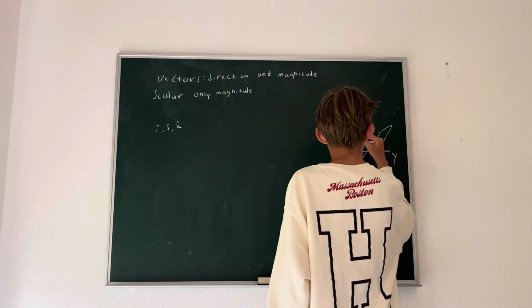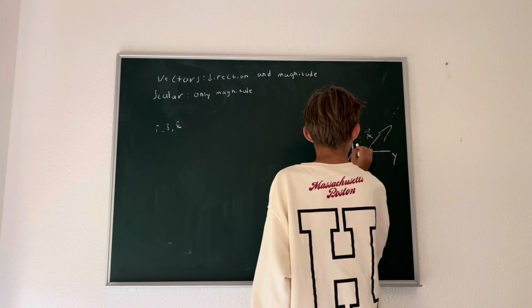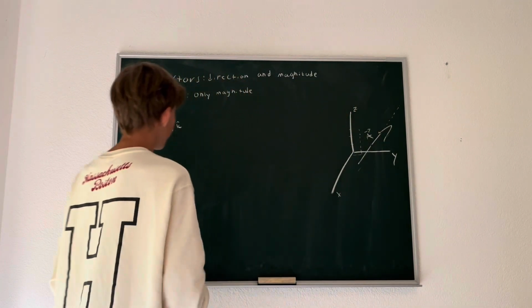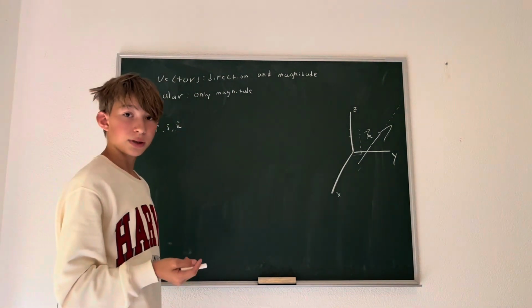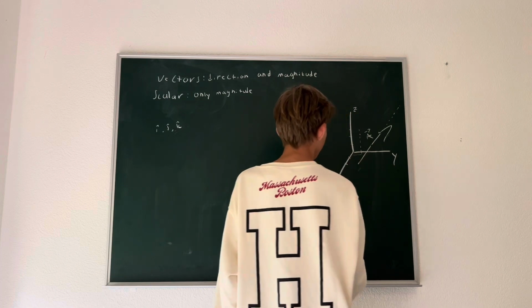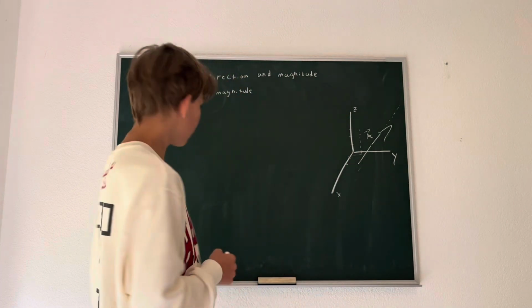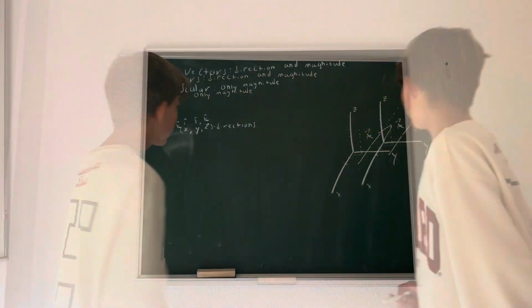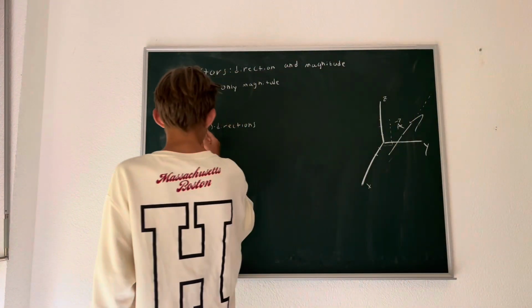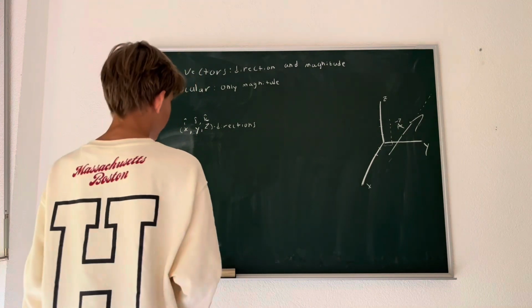Then let's say 3 in the z direction, my k is going to be 3. And 2 in the x direction, my i is going to be 2. So we can decompose the vector into its components.